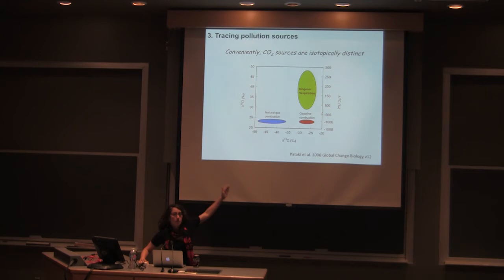For biological respiration, this will be the subject of some wonderful lectures later on in this class. It depends on how plants and soils have equilibrated with liquid water. That will impart an isotope ratio onto CO2, and you're going to learn more about that a little bit later. But these are the reasons why these things tend to be isotopically distinct, but you need to check the isotope values in the local ecosystem where you are.